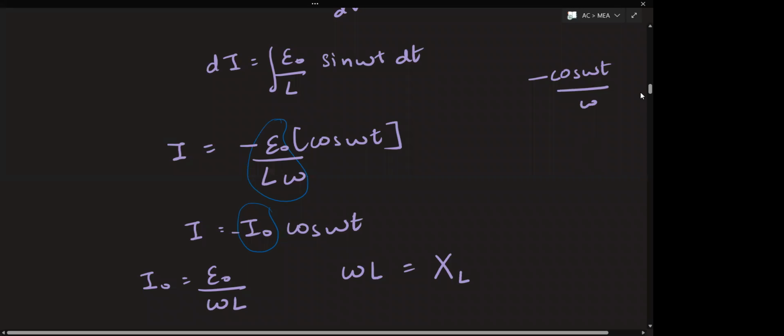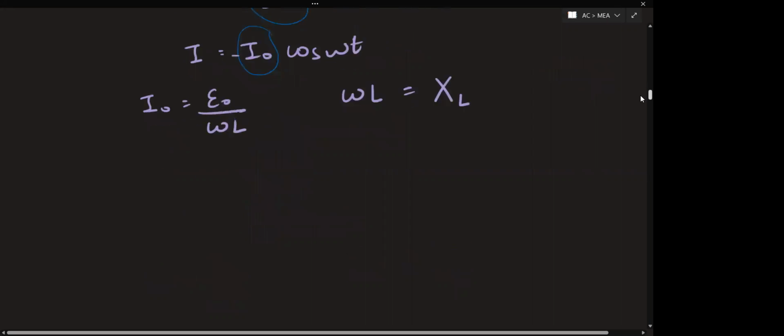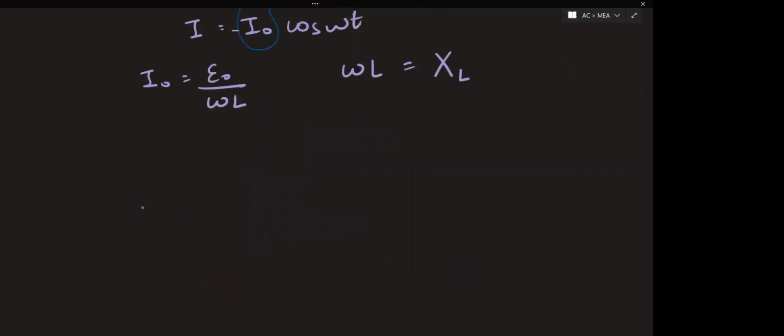Let's complete this first, then we'll move on to capacitive reactance. So this equation is I equal to minus I naught cos omega t.